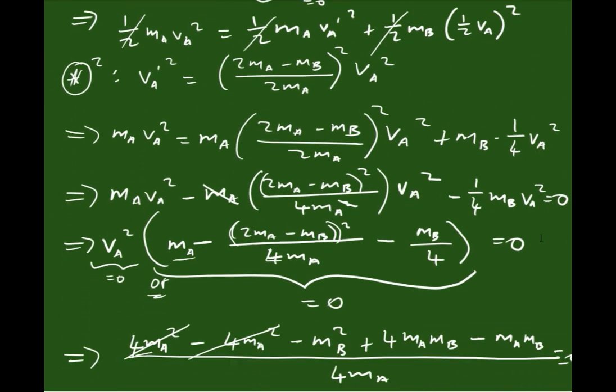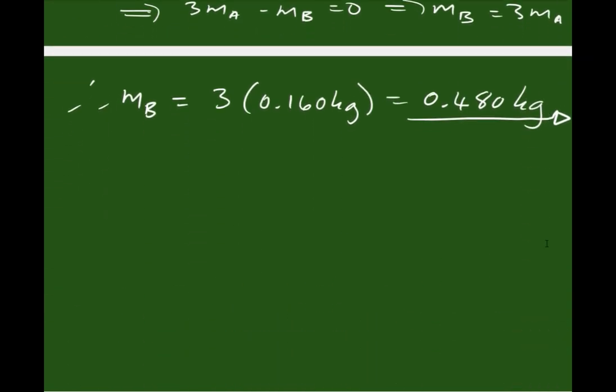So now we're just going to take a ratio here. The kinetic energy of B would be equal to a half MB VB prime squared, and then the kinetic energy before the collision, because we want to know how much energy was transferred from originally before the collision. The kinetic energy here is only due to the first ball because the second ball was at rest, so a half MA VA squared.